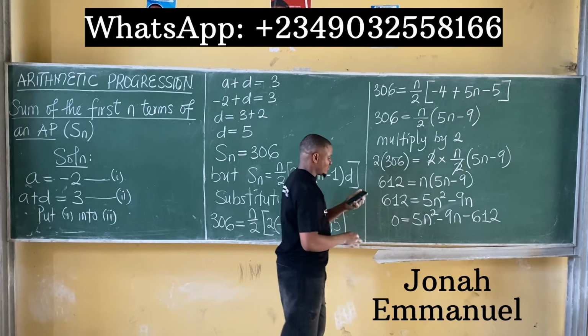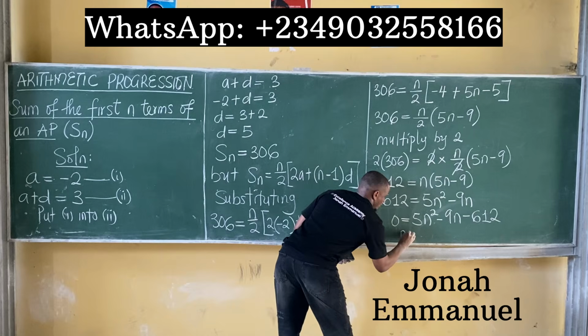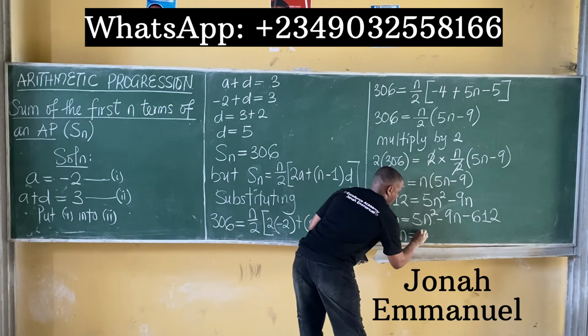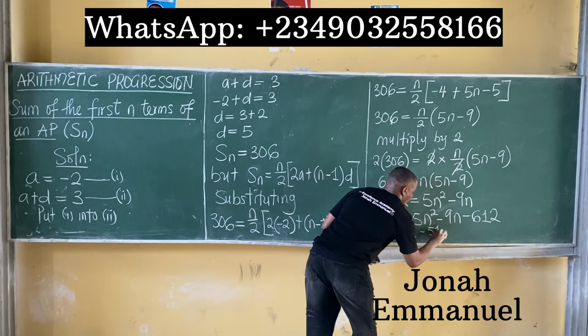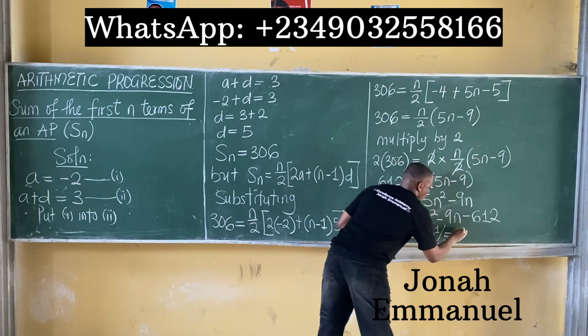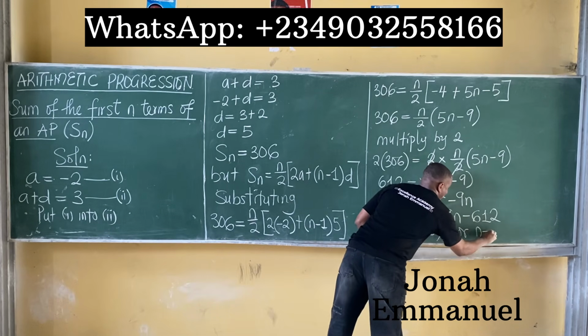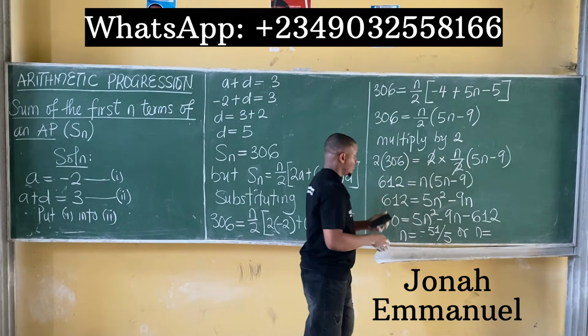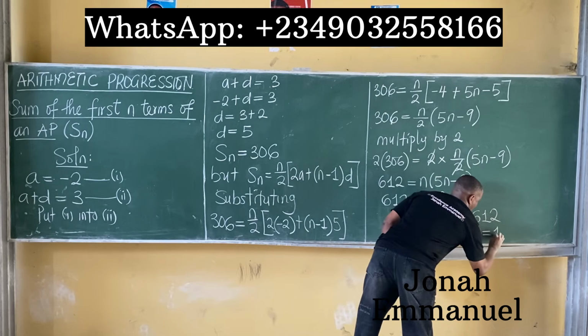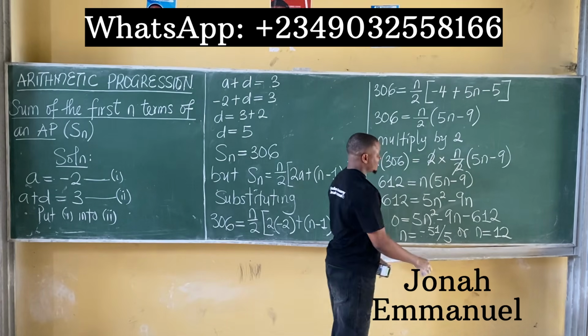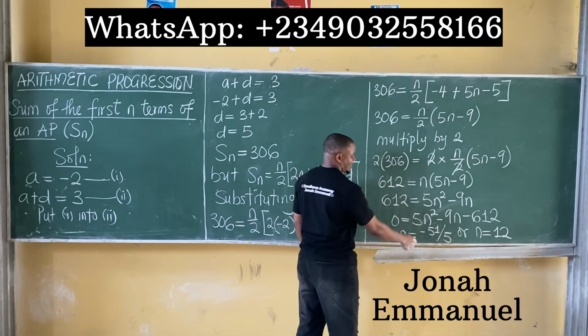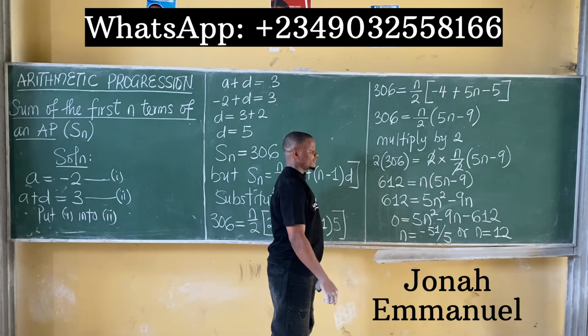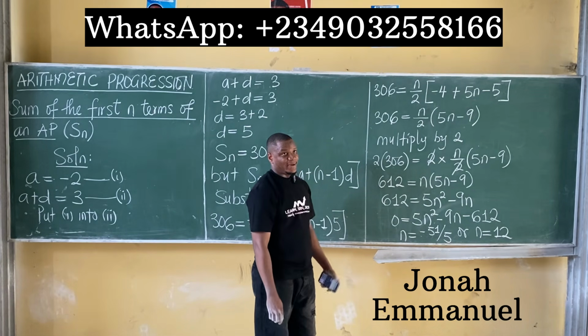If I punch that, you have that n is equal to minus 51 over 5. That's the first one. Or you have that n is equal to 12. So your answer is either minus 51 over 5 or 12.